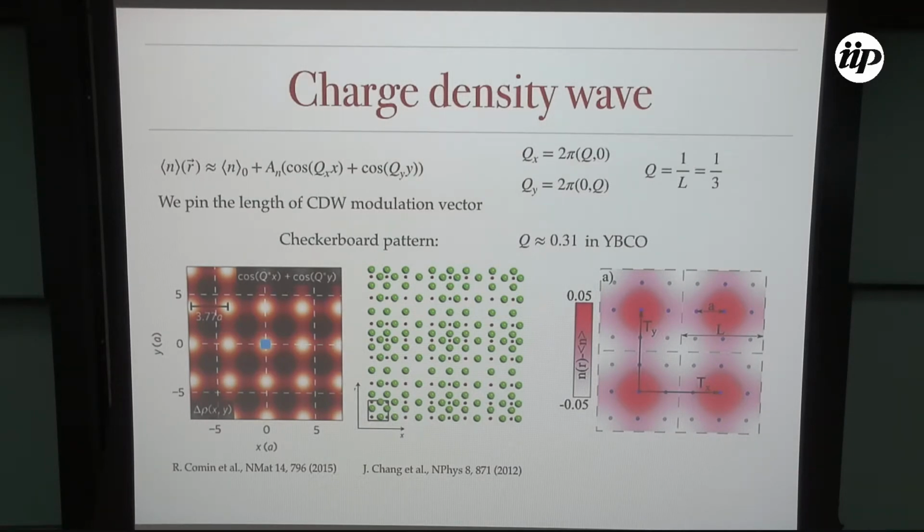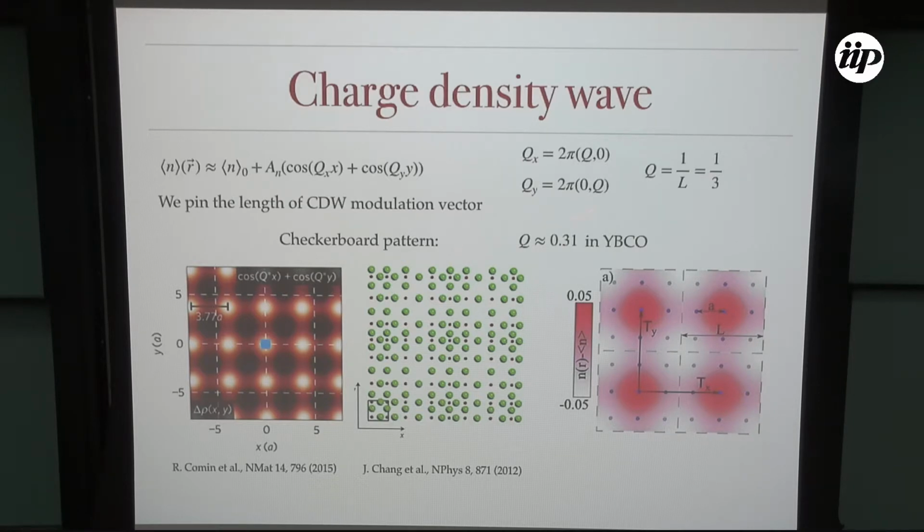The diagonalization of the clusters leads to a nonuniform distribution of the charge inside the cluster. This way we can get this picture of the charge distribution. You can see that this pattern looks like a checkerboard pattern. But in this way we pin the length of the charge density wave modulation vector.